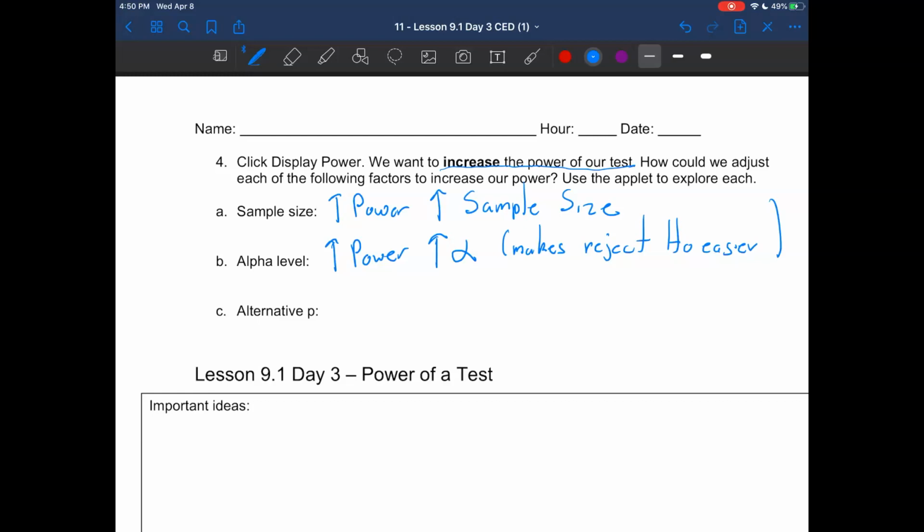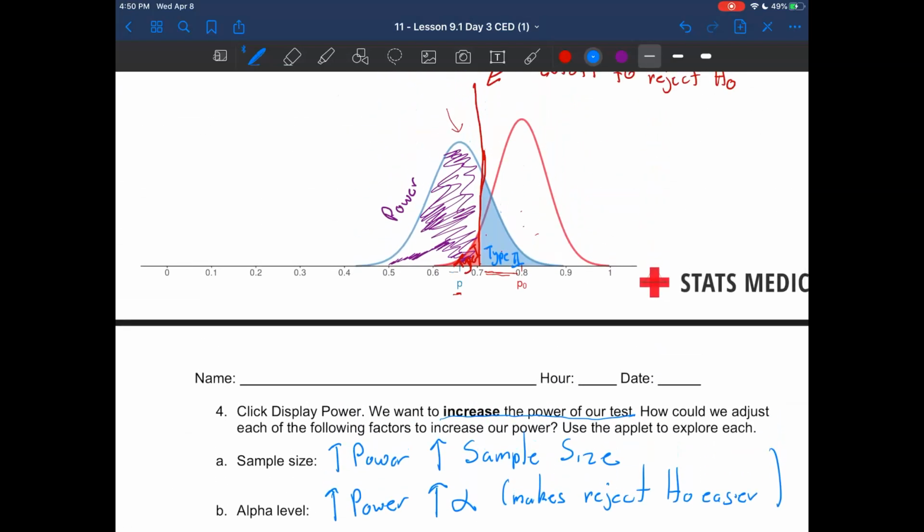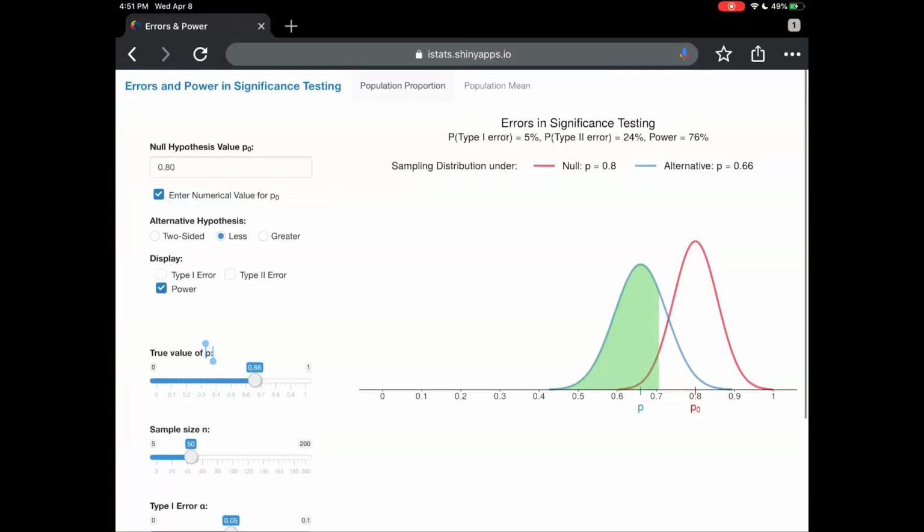Now, an alternative p, okay? Right now, our p-value was at 0.66, okay? So we have a p-value of 0.66 here that we chose, and the original null is 0.8. Now, what happens if I go ahead and decrease that p-value? So let's take a look at an alternative p-value.